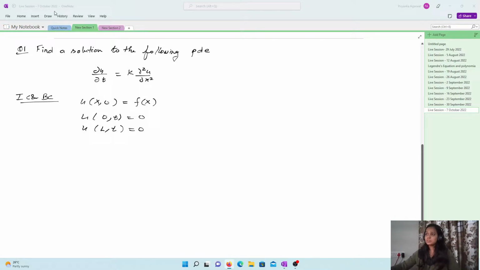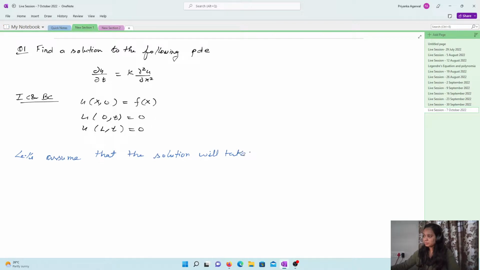Okay, so to solve, let's assume that the solution will take the form u of x comma t equals some function psi of x into some function g with respect to time.